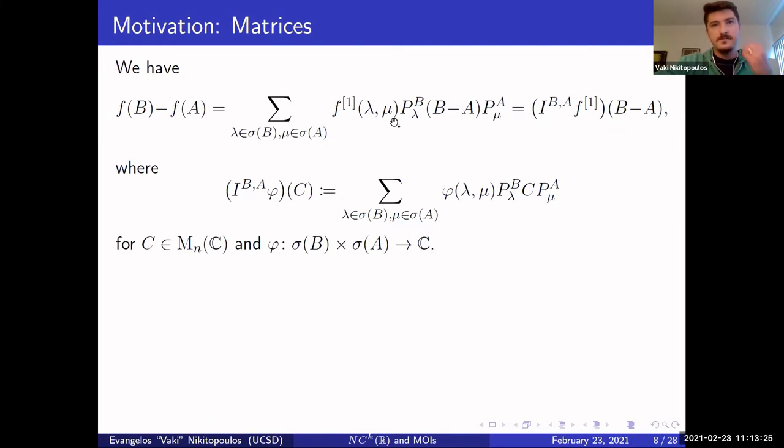All right, so as I just said, this gives f of B minus f of A as a linear operation applied to the perturbation. And I built some notation for this linear operation.